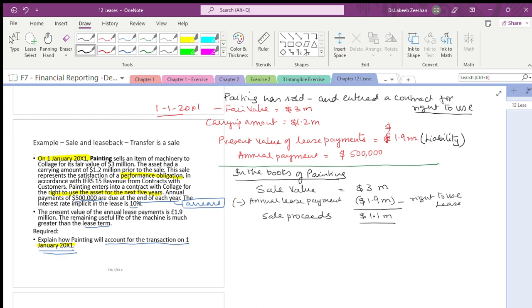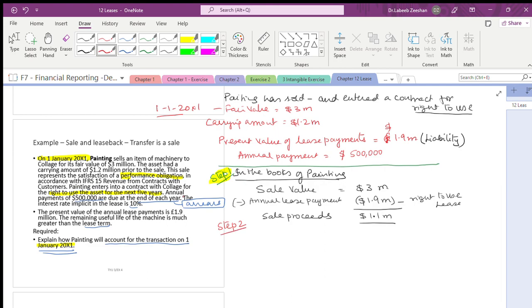How much is the carrying amount of the asset? This is step 1. Okay, make it clear so that by the time we work it out. Next, step 2.